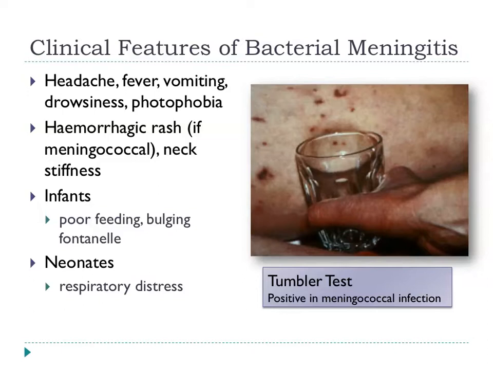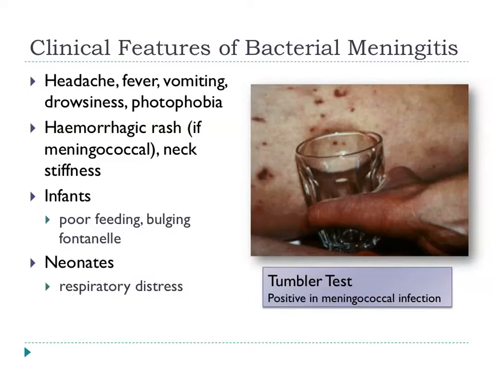Most rashes, if you had German measles or something else, would blanch as you applied the tumbler, but here it doesn't because it's the result of bleeding into the tissues. If you like, it's a bruise, a small bruise inside the tissues.